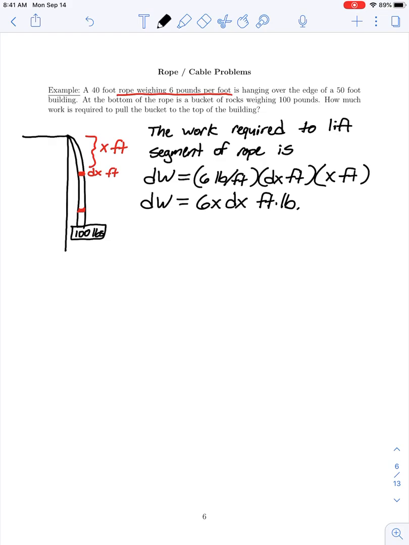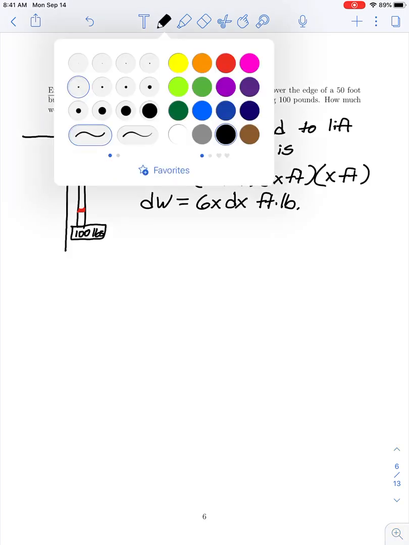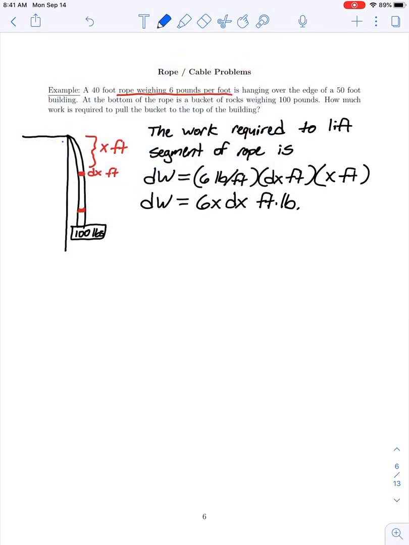So to get the work required for all 40 feet of this rope, so recall that the total length of this was 40 feet. We're going to add up the work needed for all of these little sections from the top of the rope, which would be corresponding to x equals 0, or x feet from the top of the building, all the way down to the bottom edge of the rope, which would be 40 feet from the top of the building.